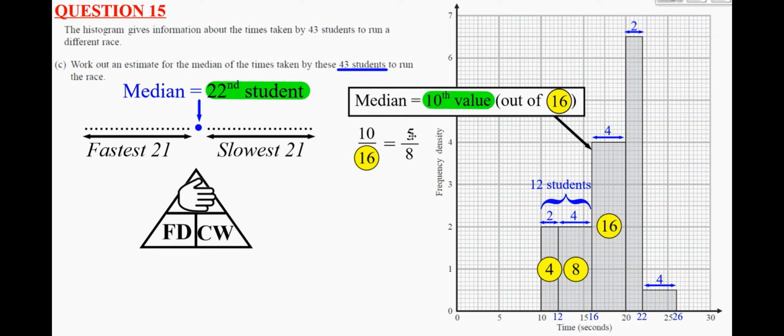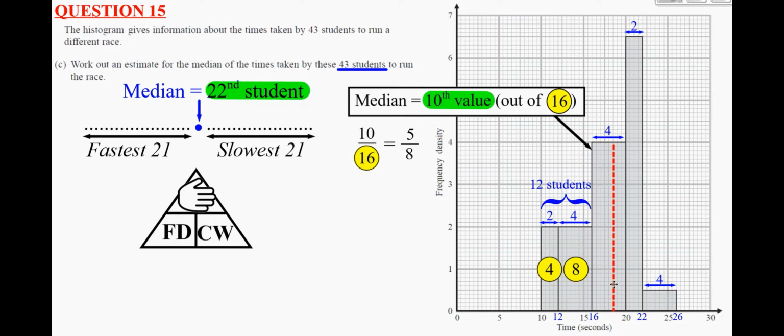Quite literally, I'm going to draw a line, the 5th little square along, out of the 8 little squares that make up the full width of that bar. So I'm going to split this bar just over halfway, 5/8 to be precise, to work out whereabouts the actual median time is. So 5 little squares out of 8, literally 5/8 of that bar.